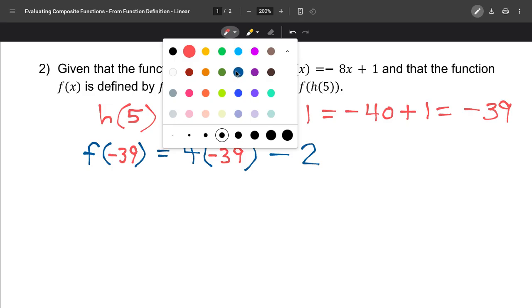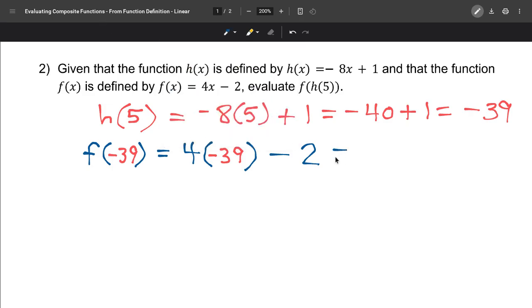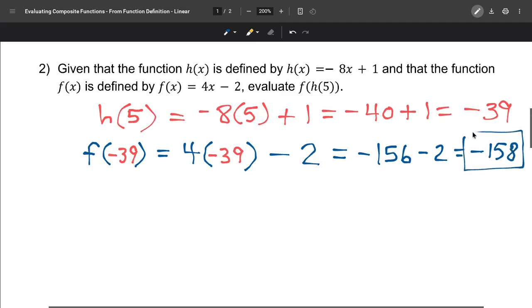Okay, so 4 times negative 39 is negative 156. And then we're going to subtract 2. And that's going to be negative 158. All right, so our solution here is going to be negative 158 for the second one. All right, let's keep going.